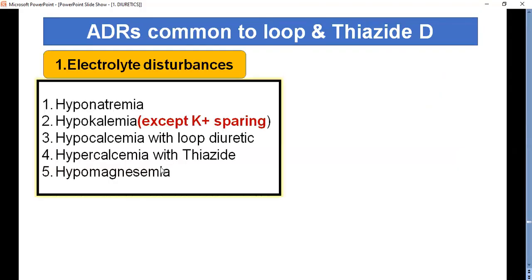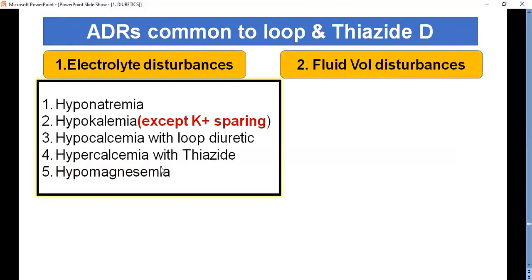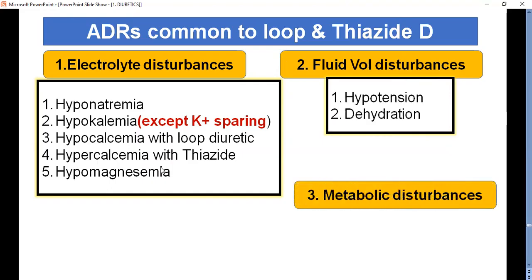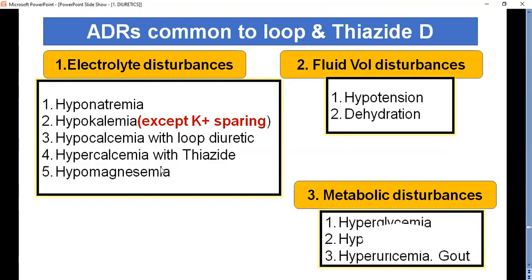Adverse effects of diuretics. Loop diuretics and thiazide diuretics cause electrolyte disturbances, fluid volume disturbances, and metabolic disturbances. Electrolyte disturbances are hyponatremia, hypokalemia, hypocalcemia, hypercalcemia, and hypomagnesemia.